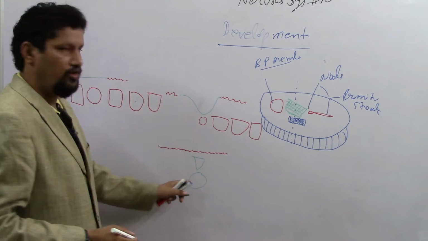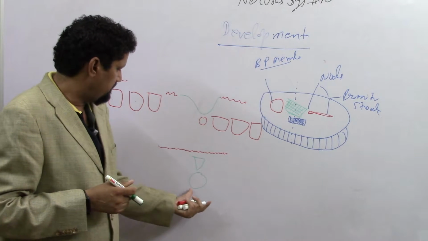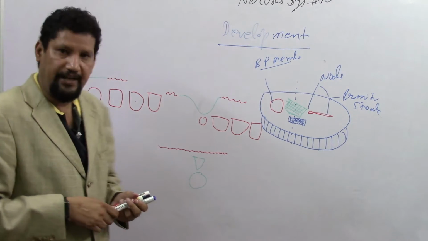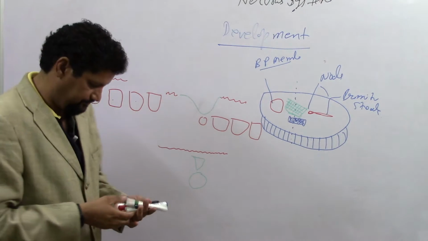This tube is now known as the neural tube, and it will develop the CNS, that is brain and spinal cord, and some part of the peripheral nervous system.